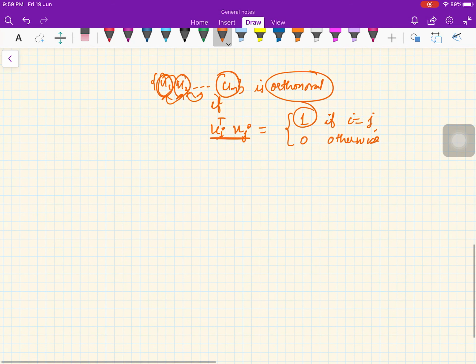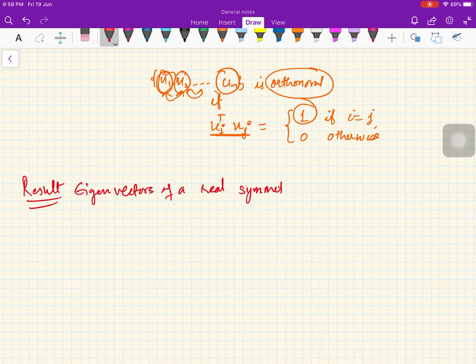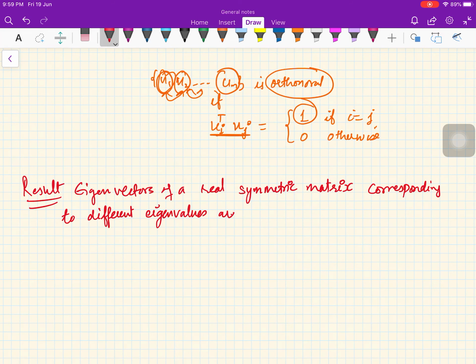So now I'm telling you the result: eigenvectors of a real symmetric matrix corresponding to different eigenvalues are orthogonal.